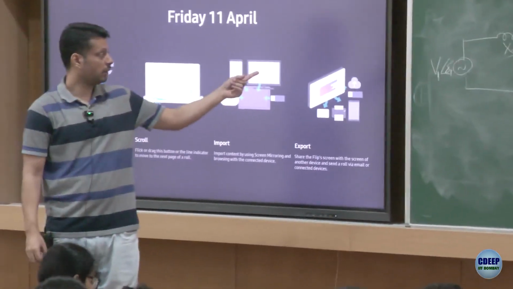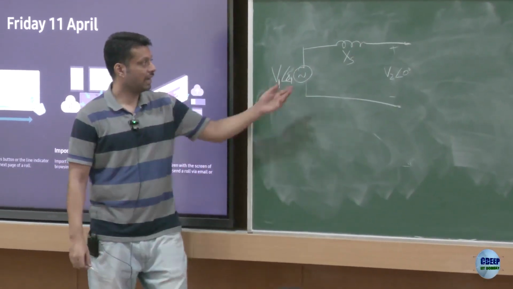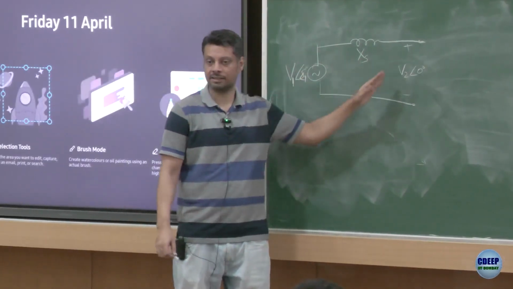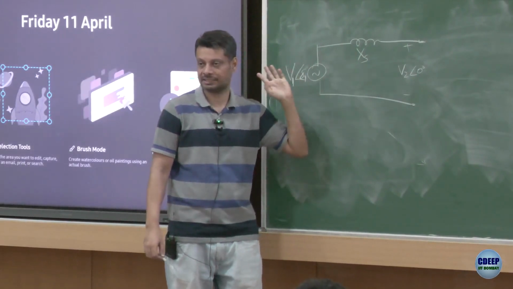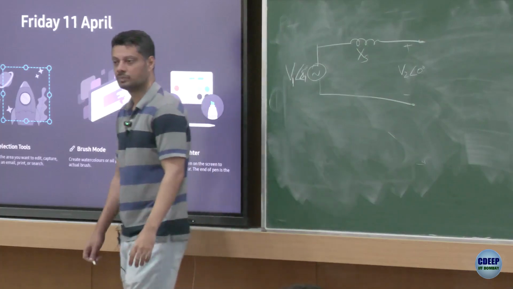So you have a source which is V1 angle delta 1, and you have an Xs, and at the end of the line, this is a line I have modeled only as Xs, let us say for now. At the end of the line you have V2 angle 0.